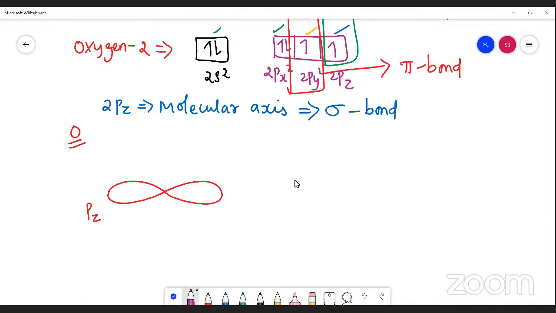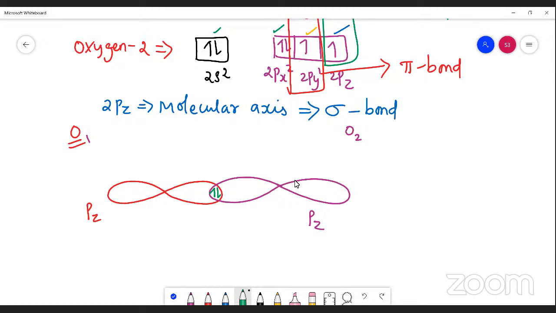Okay, so now this is a pz of the second oxygen atom. This is O2, this is O1. Okay, the second oxygen atom. So the 2pz of the first oxygen atom overlaps with the 2pz of the second atomic orbital, and the electrons will be present only in the overlapping region.